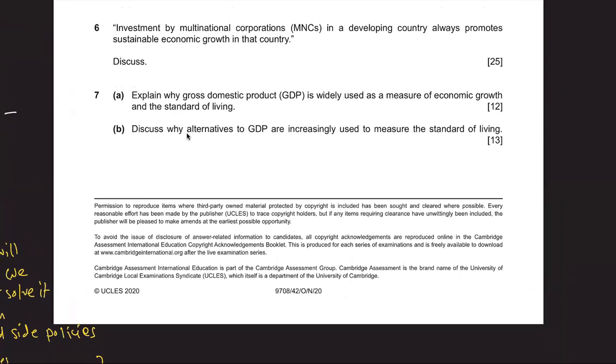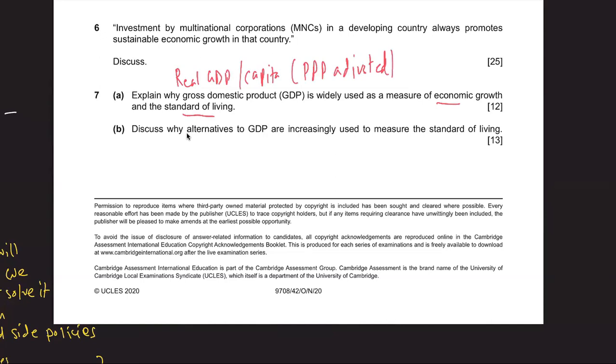So we talk about what is GDP, gross domestic product. We talk about how GDP is a measure of total value of the output. So for example, we normally use real GDP per capita, purchasing power parity adjusted, to look at a country's economic growth and standard of living. Economic growth, remember, is a change in your GDP over time.